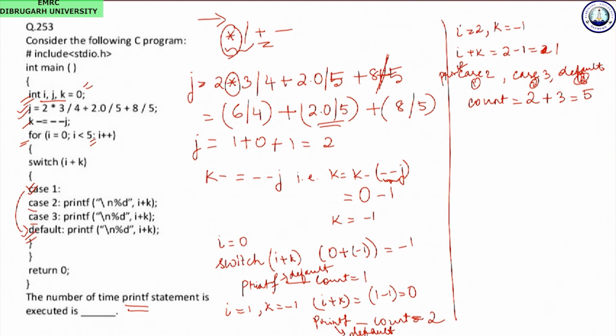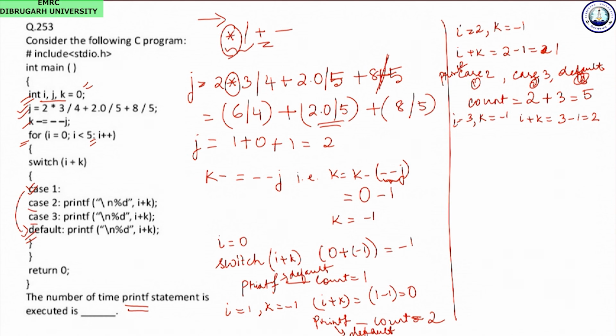Now, i is equal to 3, k is equal to minus 1. So i plus k is 3 minus 1 is equal to 2.